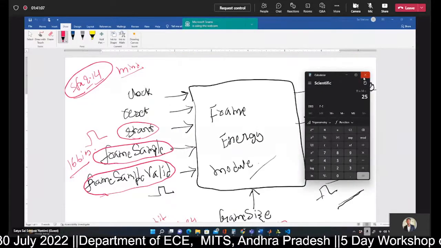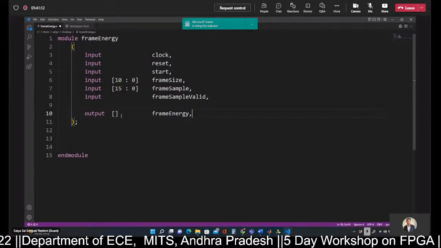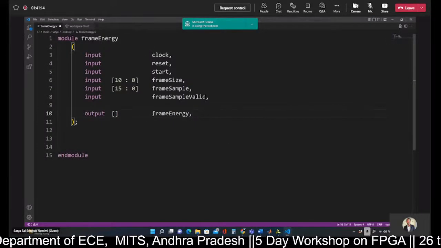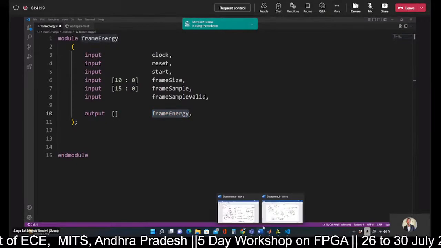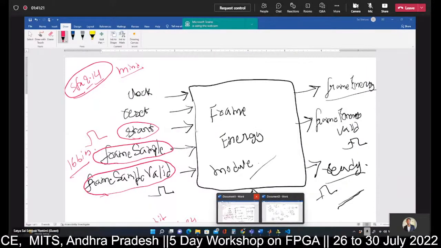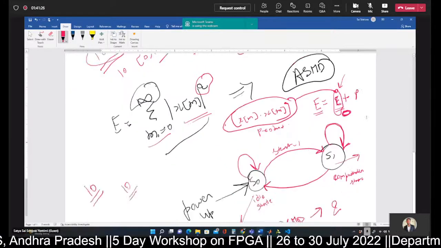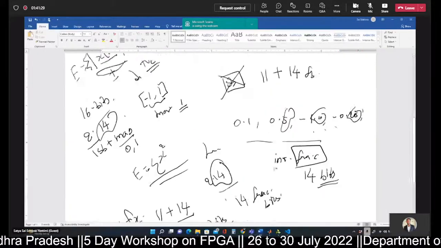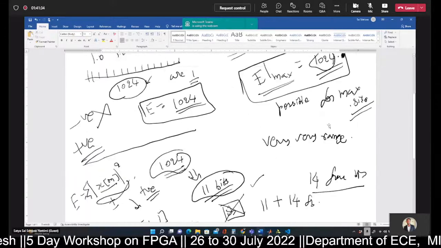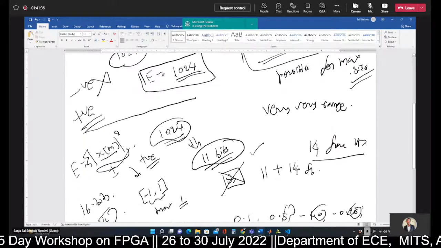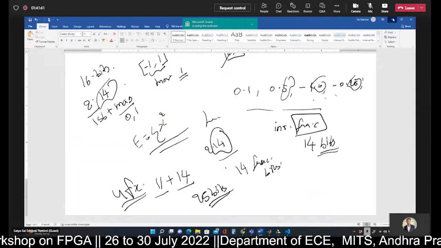In this way we have to calculate the limits of the bus widths. From our analysis we came to a conclusion that for a maximum frame size of 1024 samples, in order to represent the energy value we require 11 integer bits and 14 fractional bits, so total 25 bits.